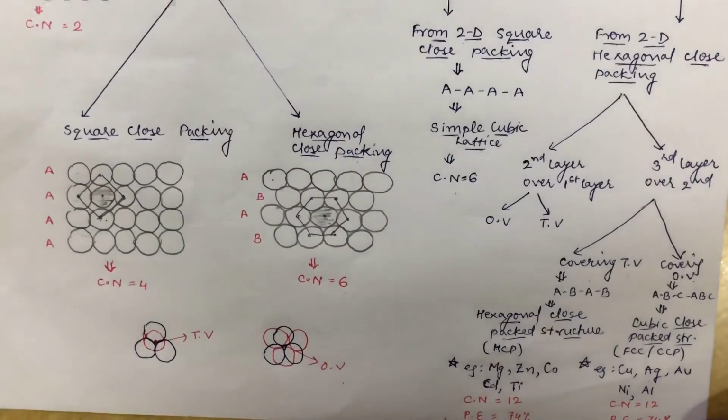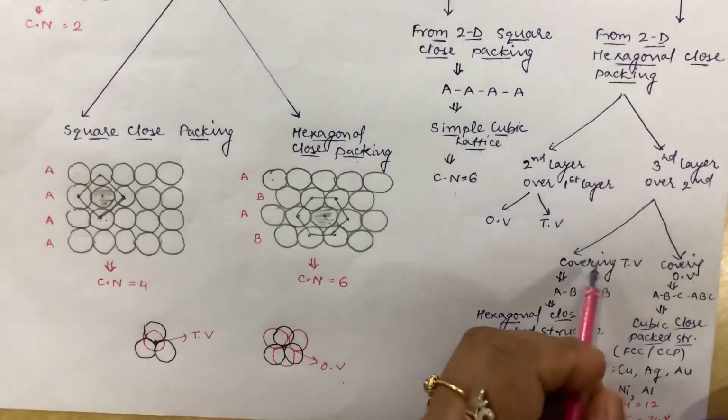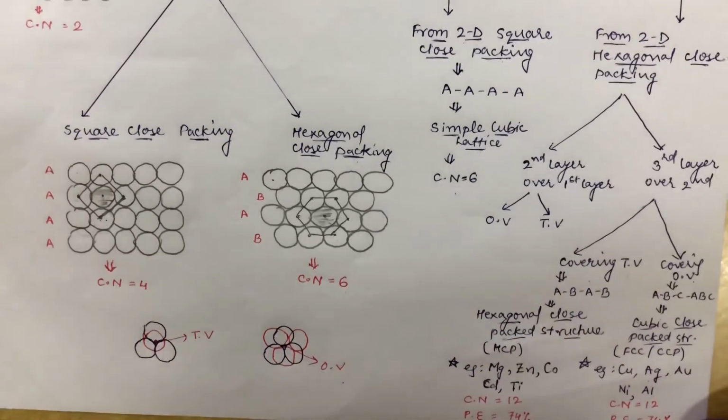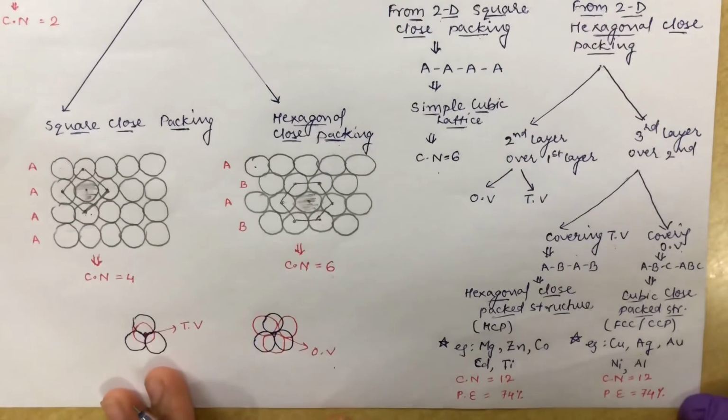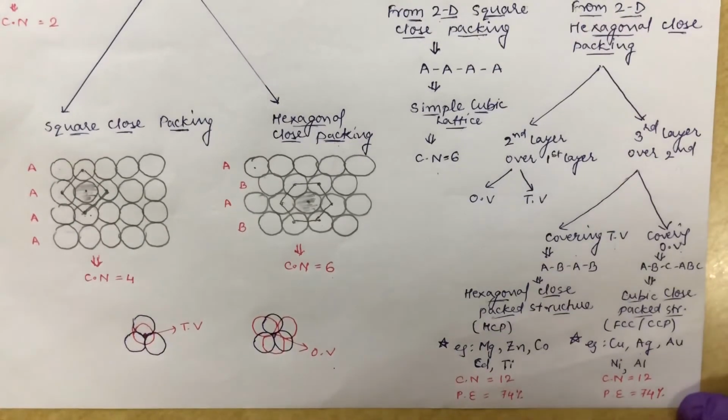The very unique thing here is that either you cover the tetrahedral void or you cover the octahedral void, that is, either you have HCP or FCC. Both of these have the same coordination number and packing efficiency. The coordination number, you can see, is 12 for both of them, and the packing efficiency for both of them is 74 percent.